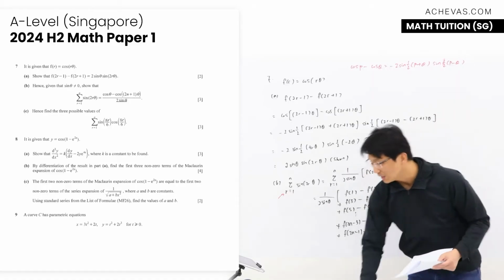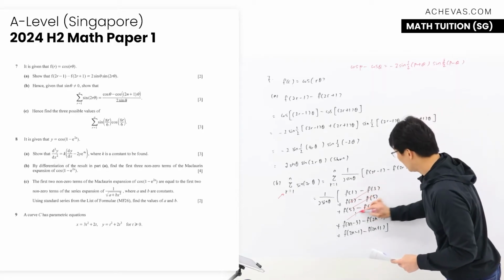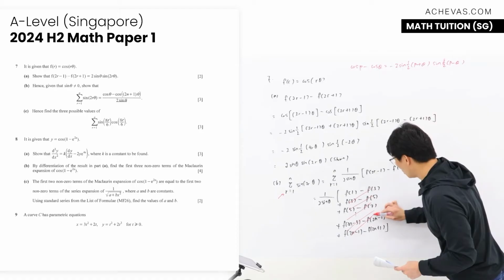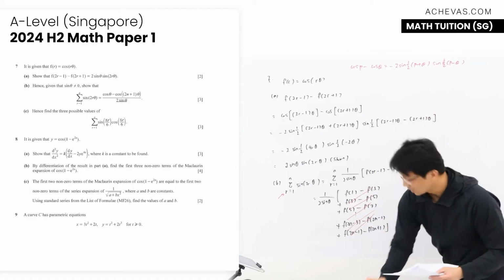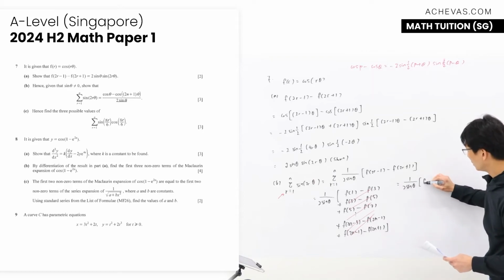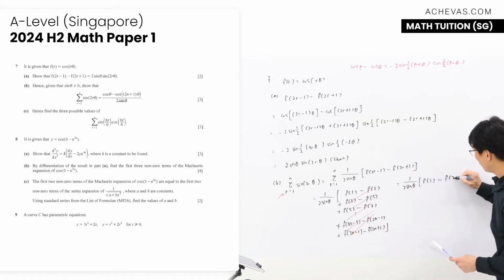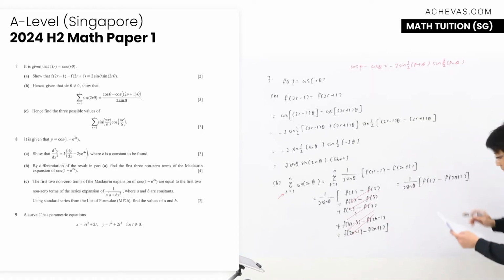We are going to see there are common terms that will be cancelled away. These are the common terms. Therefore, the terms that I will be left with is equal to 1 over 2 sine theta times f1 and f(2n plus 1).